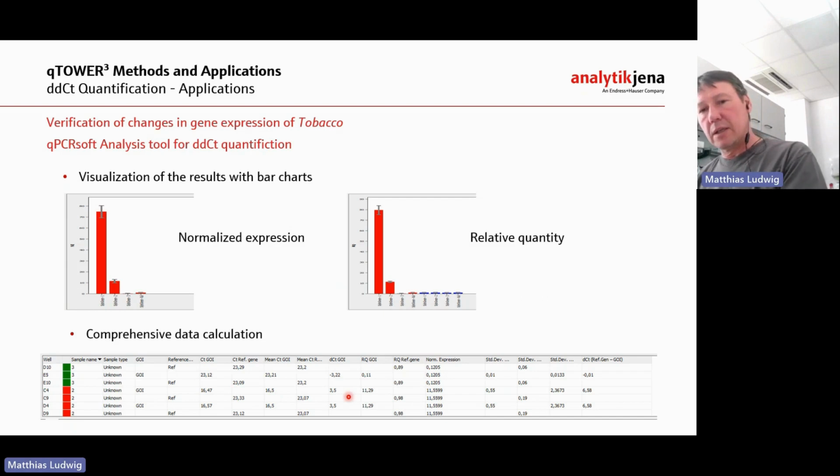We show the delta CT, we show the standard deviation and also the normalized expression. Here you can see whether it is down-regulated or up-regulated, depending on whether it is higher or lower than one. So you can get an idea about the regulation of the genes. Okay, this is for the delta CT quantification.